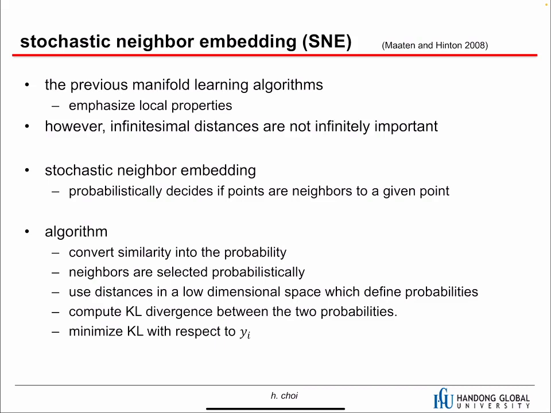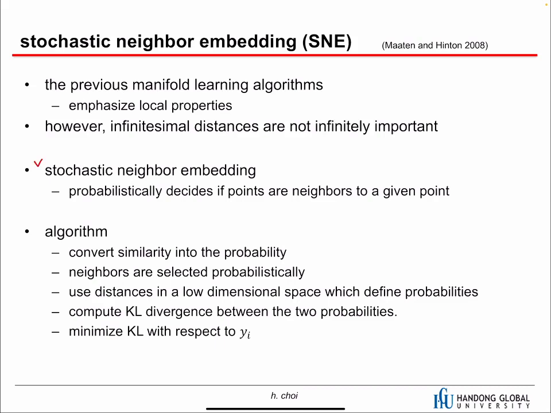And in LLE, we actually try to preserve the neighbor information, right? But in those algorithms, infinitesimal distances are not infinitely important. So even though the point is really close to me, that is not that important. Okay, it's just one of the neighbors. Okay, so in SNE, we consider the close point more importantly.